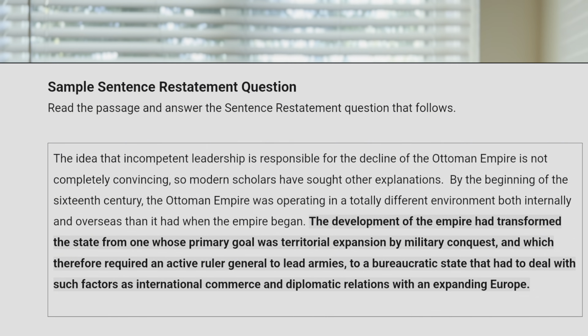The development of the empire had transformed the state from one whose primary goal was territorial expansion by military conquest, and which therefore required active military rulers and generals to lead the armies, to a bureaucratic state that had to deal with such factors as international commerce and diplomatic relations within expanding Europe. So this is the passage.